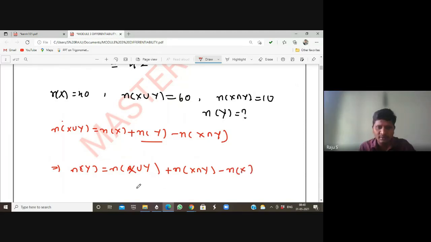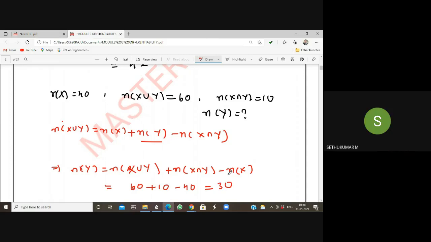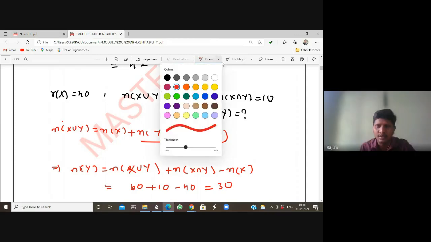Substitute the values. Simple: 60 plus 10 minus 40 is equal to 30. Sir, 30. 30 is the answer.